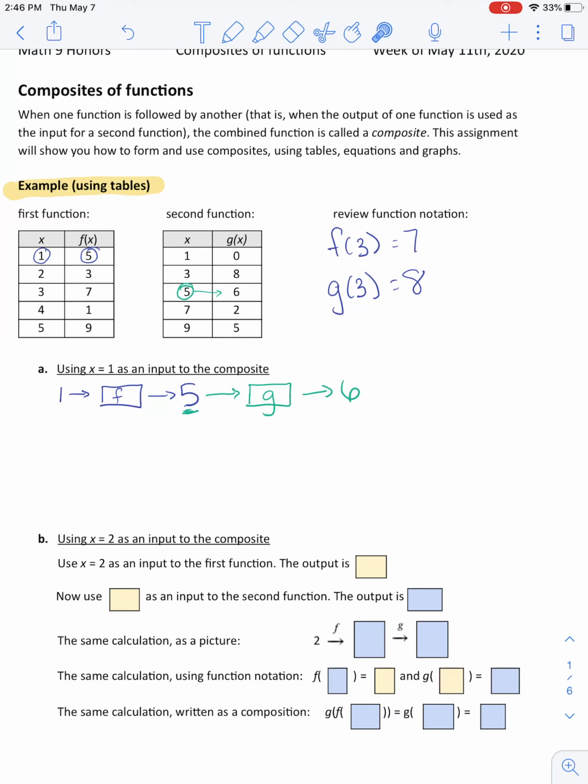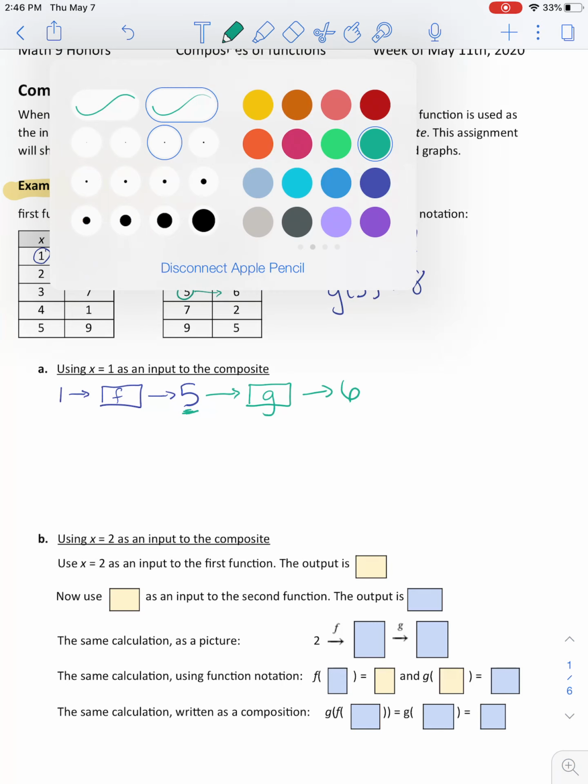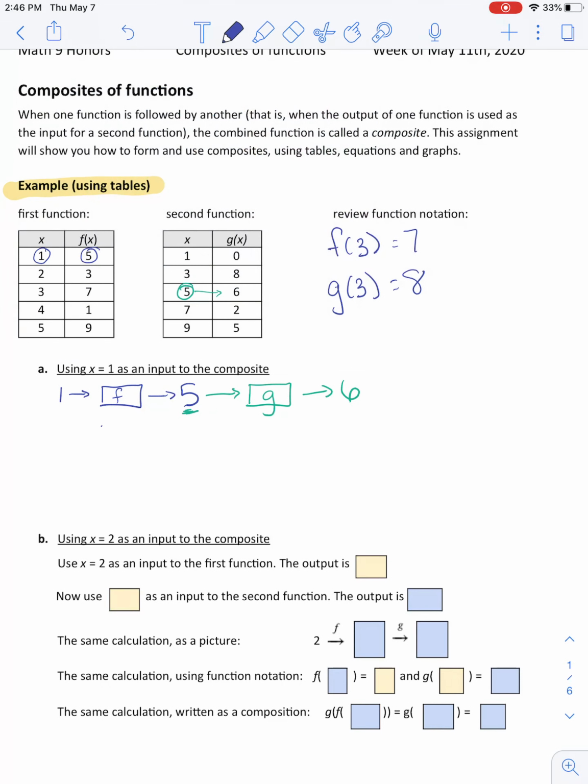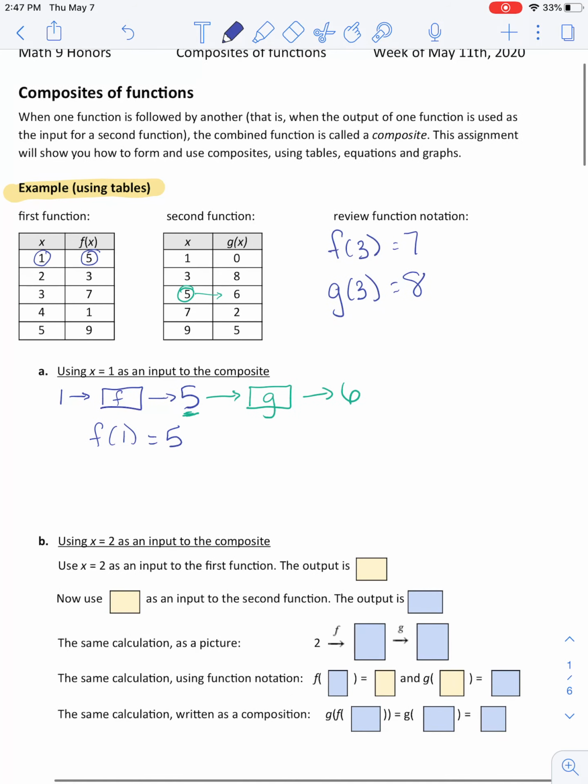We can also use function notation here and say that f of 1 is equal to 5 because we put 1 into the f function and got 5 as our answer. And g of 5, because we're putting 5 into the g function, equals 6. So that's function notation.